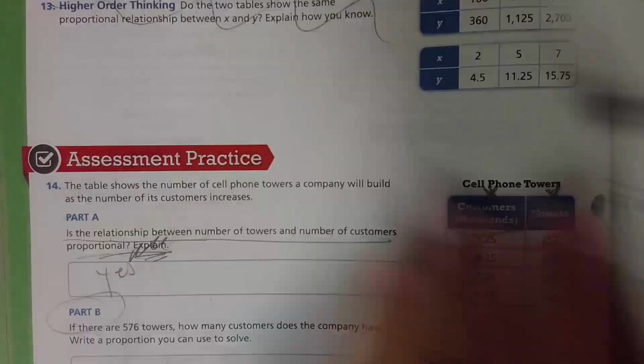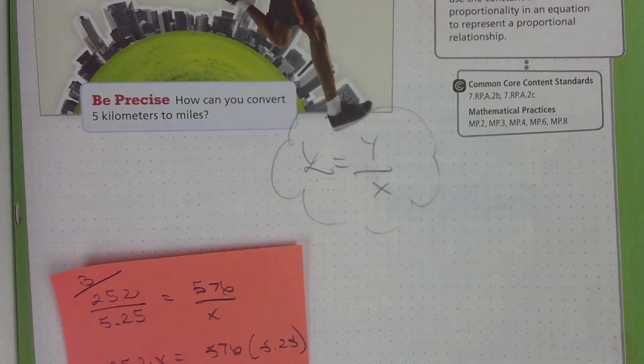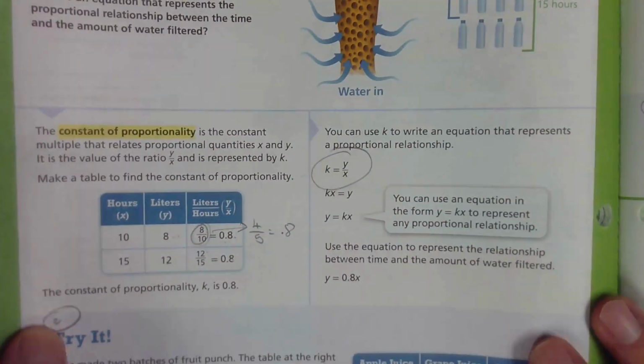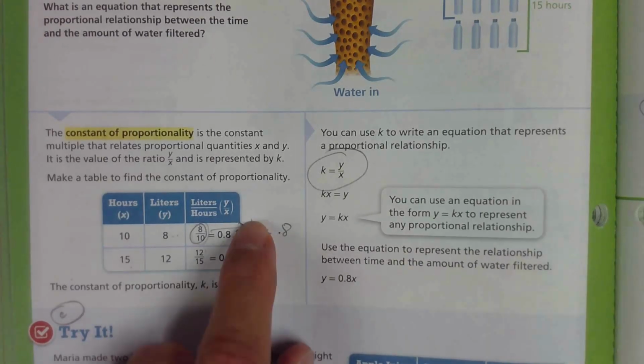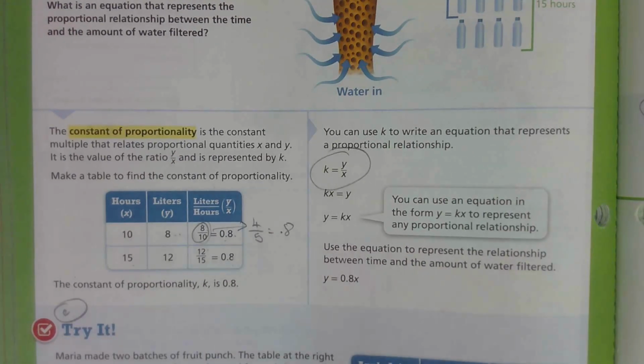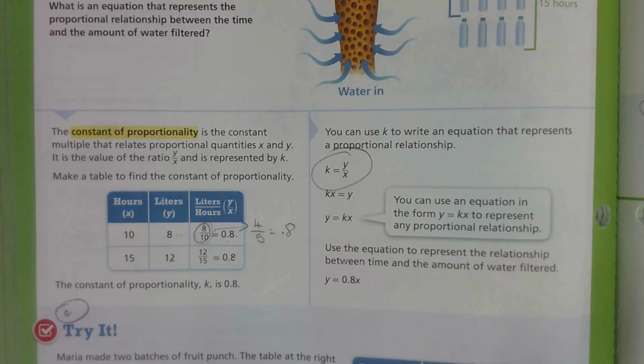And again, if I put 8 over 10, you would get k, which would be 4/5, or in this case, to use a decimal, 0.8. And that's what this lesson is about, finding the k, or the constant.